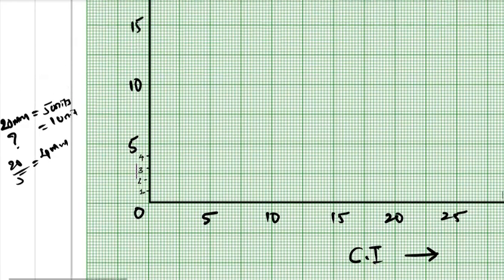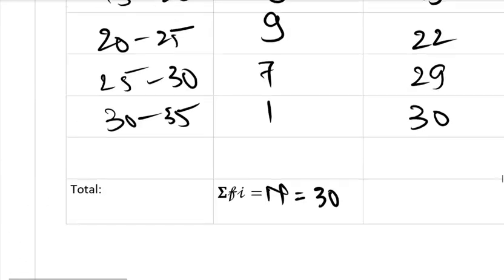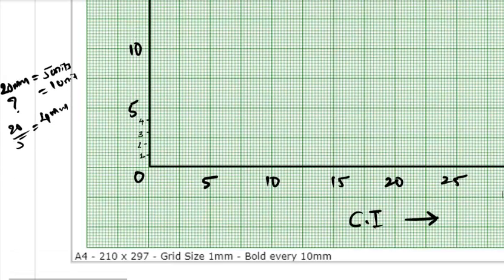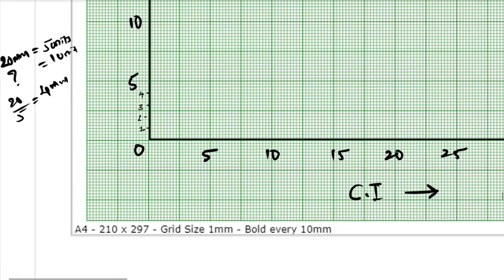So the first thing we have to plot is 10 versus 3. 10 will be on your x-axis and 3 will be over here, 2 lines above the dark line, which is right over here. 10 versus 3, cool.